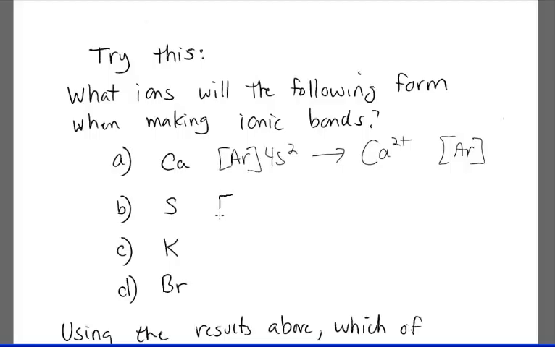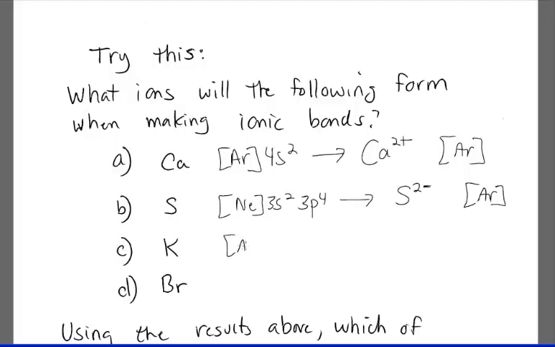Sulfur has a configuration neon 3s2 3p4. It's a nonmetal, so it's going to gain electrons, and it's 2 away from having a full p subshell, which would give it an argon configuration. So it's going to gain 2 electrons and become S2-.